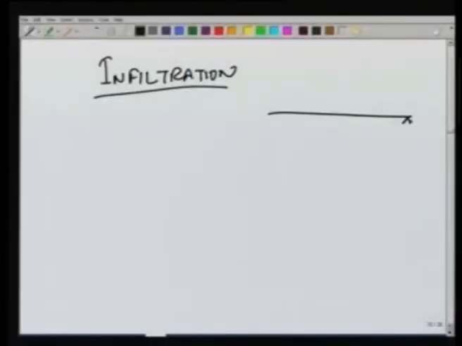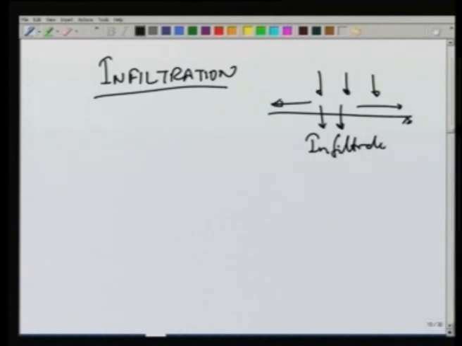So, in infiltration, as we have seen, when precipitation occurs, part of it will run off, part of it will infiltrate. So, this infiltrated water will either stay in the top soil layer here, or it will go deeper and recharge the groundwater as deep percolation.